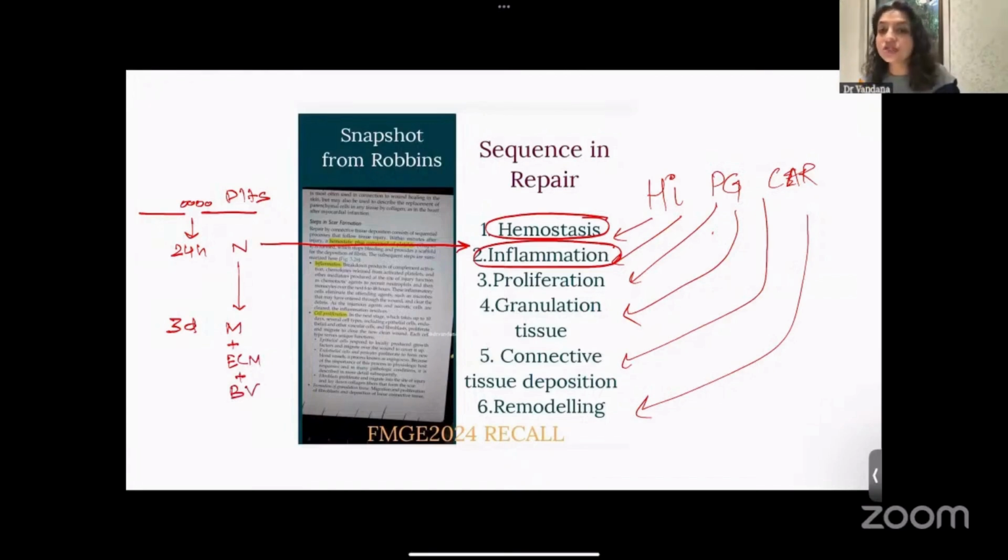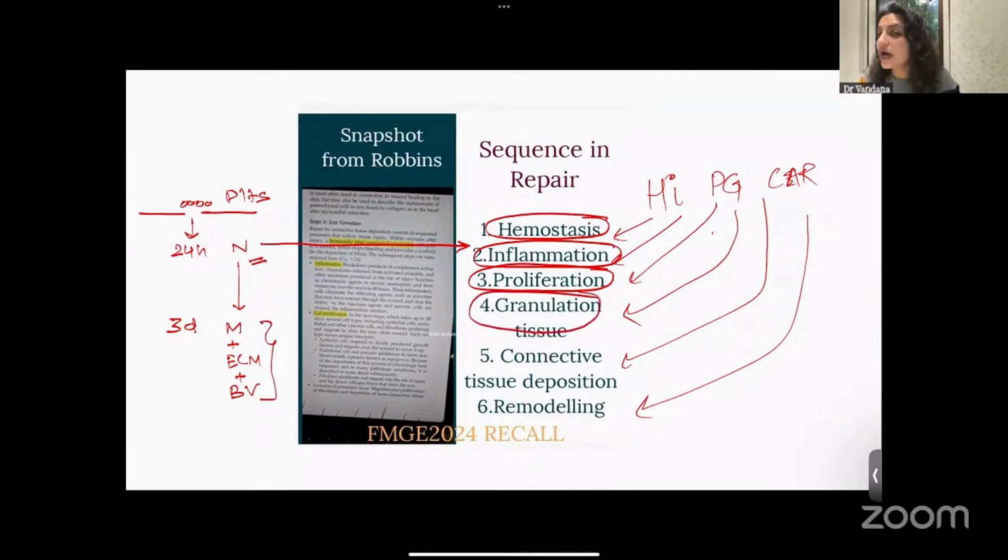After inflammation, the next step is always proliferation. There are proliferating blood vessels, proliferating extracellular matrix, and macrophages. All these together are called granulation tissue. So fourth is granulation tissue.